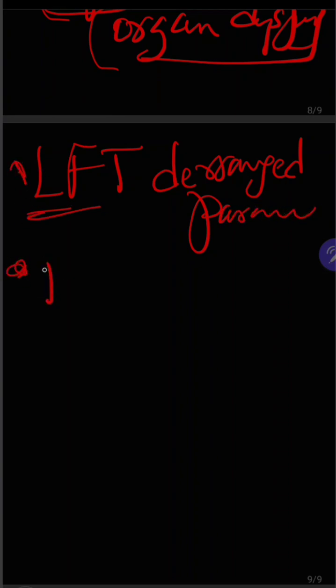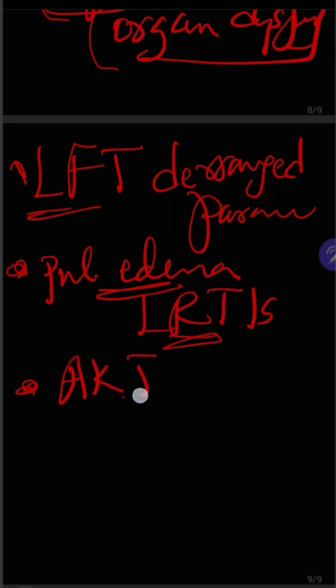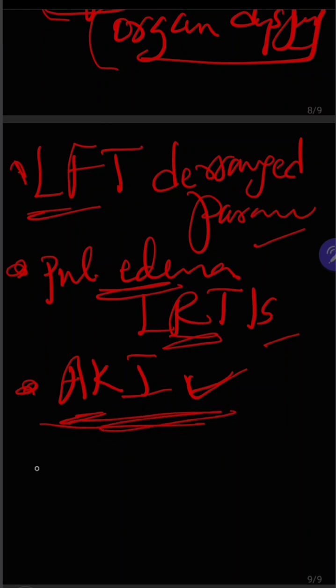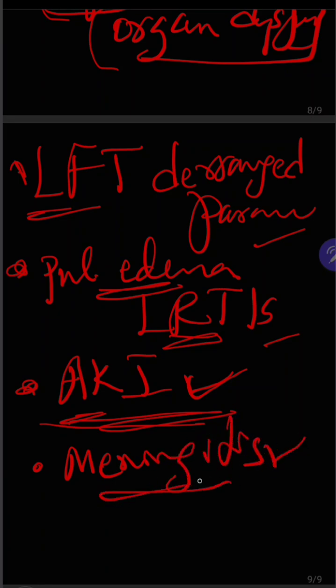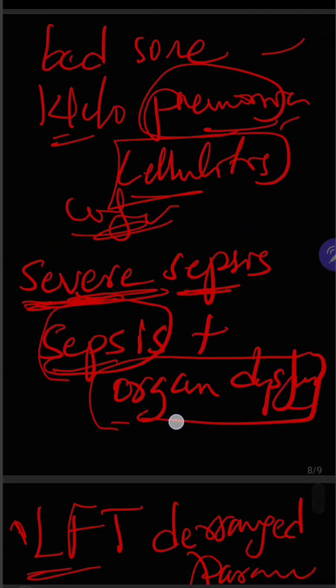Maybe the patient is in pulmonary edema; we generally call it LRTI. The lung is affected. Suppose a patient's creatinine is high, so the patient is in AKI, the kidney is getting damaged. Your liver, lungs, kidneys, so this is called organ damage. Suppose the patient has meningitis symptoms, the brain is getting affected. So this is organ dysfunction. So severe sepsis is sepsis plus organ dysfunction.